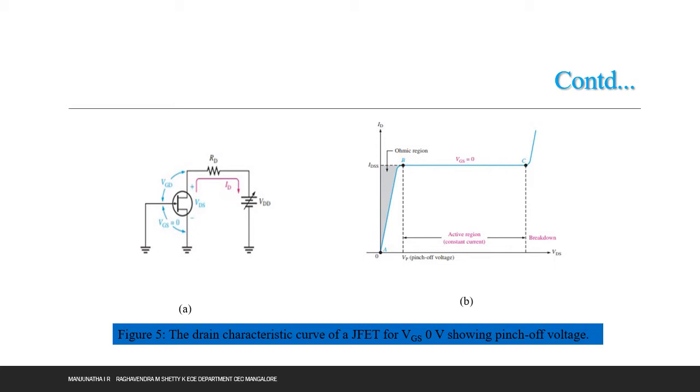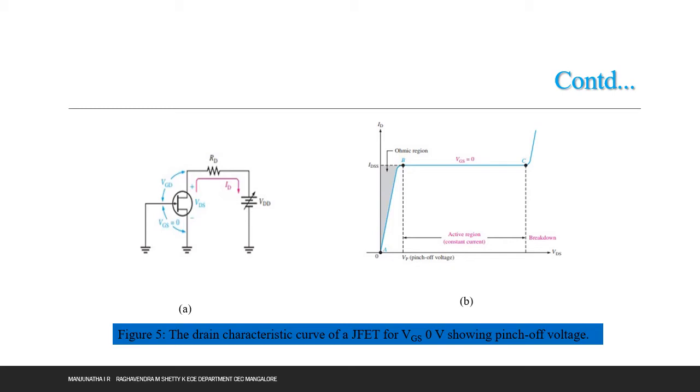For initial positive values of VDS, ID also increases, and we can observe this increment till a certain voltage of VDS, since it satisfies Ohm's law.